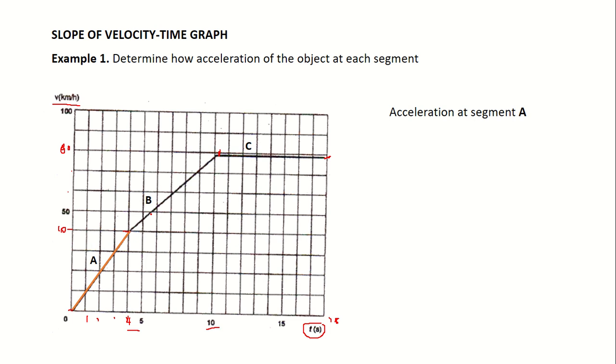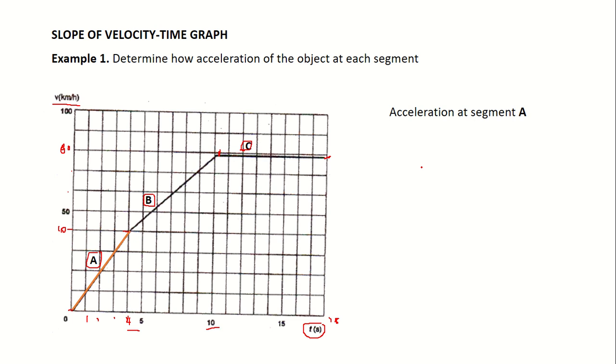So I guess my acceleration would be the greatest here at point A. If I look at the graph, it's steeper than point B. Point B is a little bit flatter, or a little bit more gentler. At segment C, it's horizontal, it's flat. So I know that my acceleration here is 0.